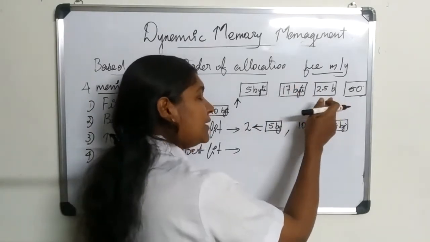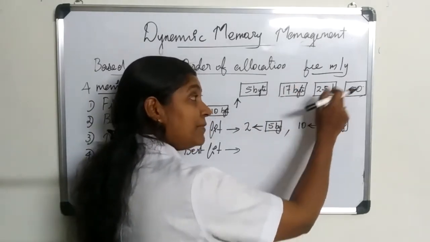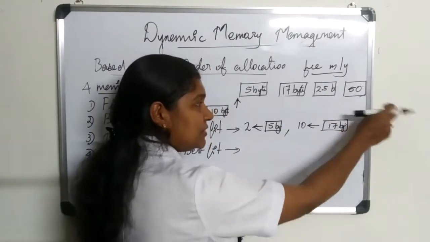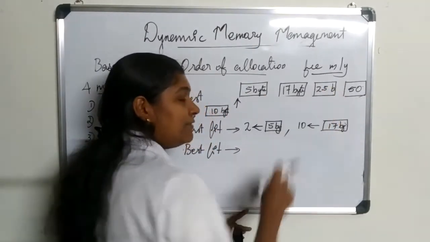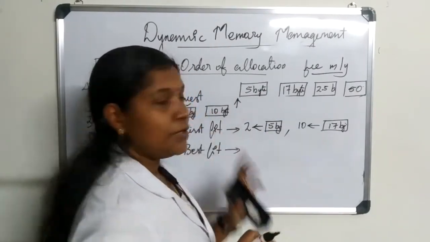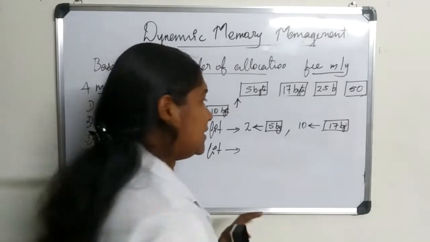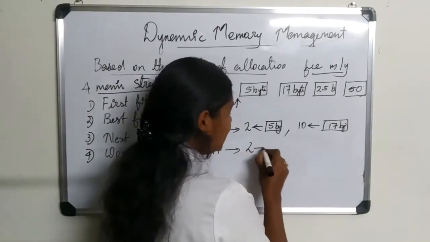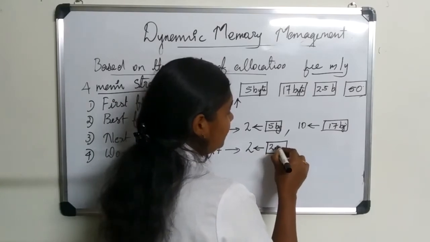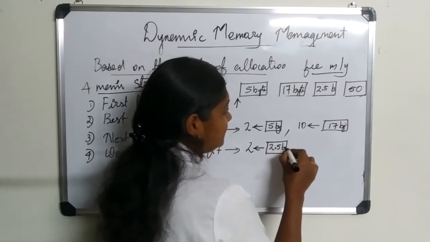So it will go to the next block, 2.5, then it will consider 50. From the searching process, it can understand 2.5 is the best suited location for the 2 byte request. So for the 2 byte request, the memory area allocated will be 2.5 bytes.